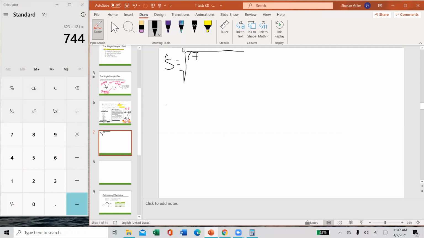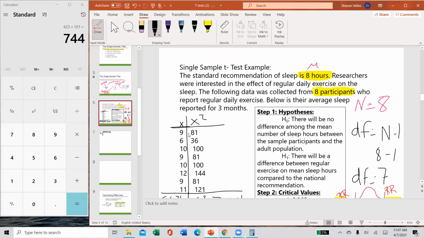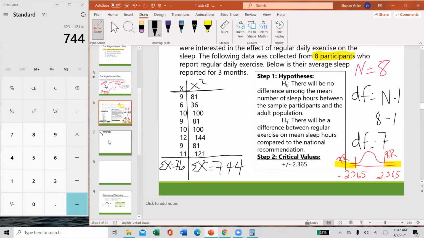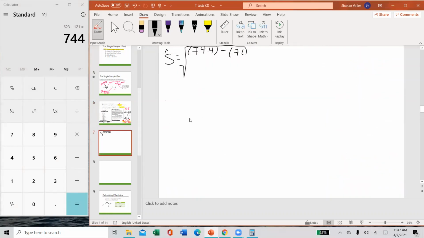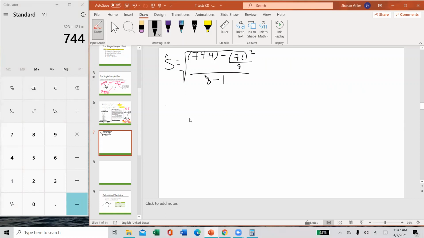So 744 is going to go right here, minus then our sum of x here, which I think was 76. Was it 76? Hopefully. Yes, 76. And that is going to be squared and then ultimately divided by 8. And then everything is going to be 8 minus 1.